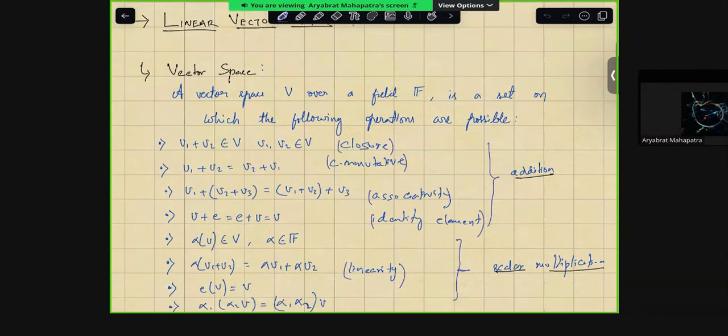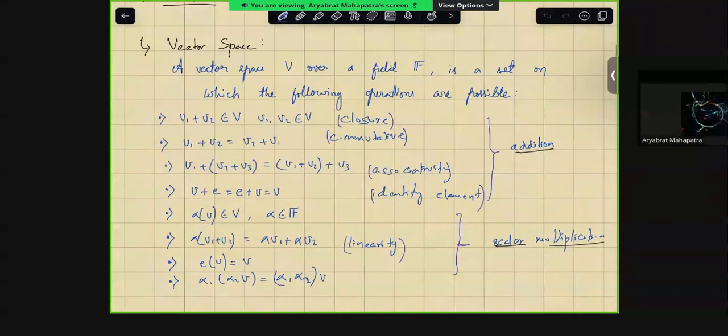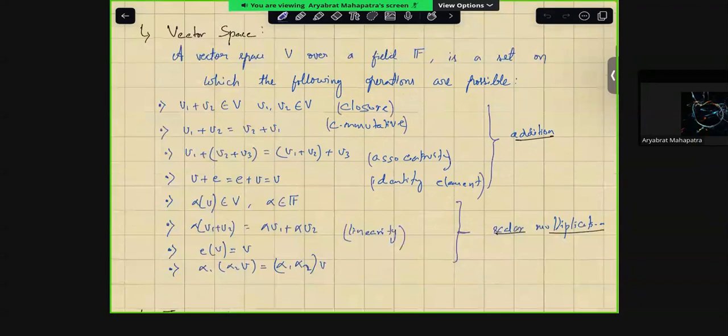We start by understanding what linear vector spaces are, what vector spaces exactly are. You have gone through vector spaces over and over again. So one more time, this is what vector space means.